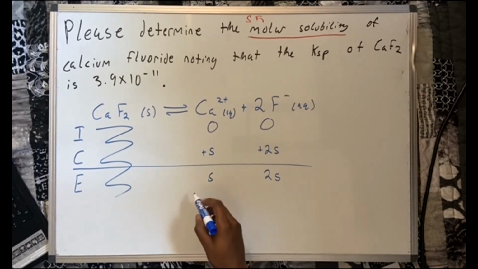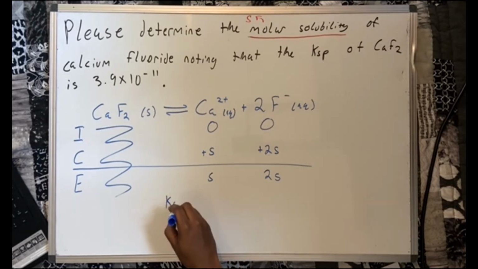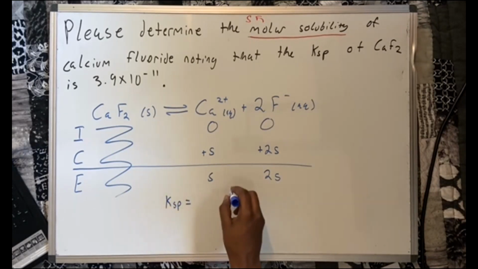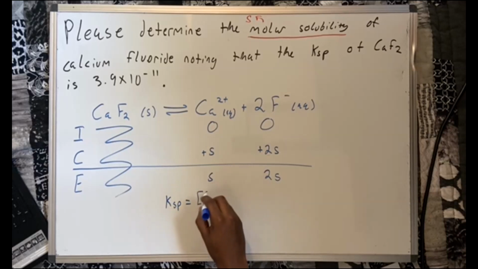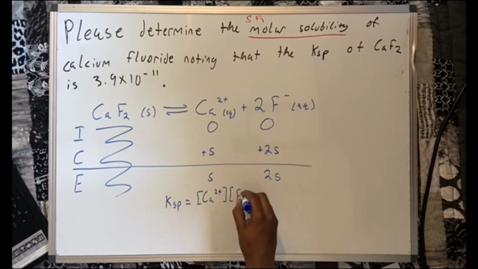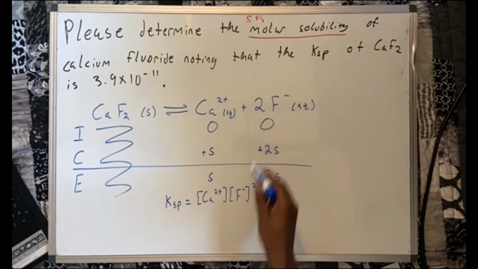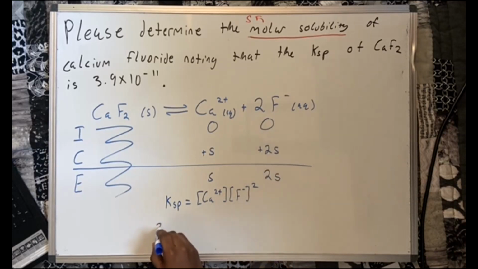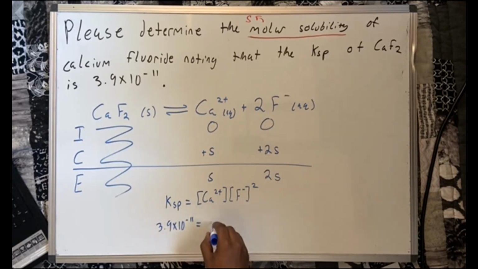Okay, so now I know that Ksp equals my Ca2 plus times F minus squared, right? Because of the 2 again. So I know that 3.9 times 10 to the negative 11 is S times 2S, oh, I almost messed it up, 2S quantity squared.